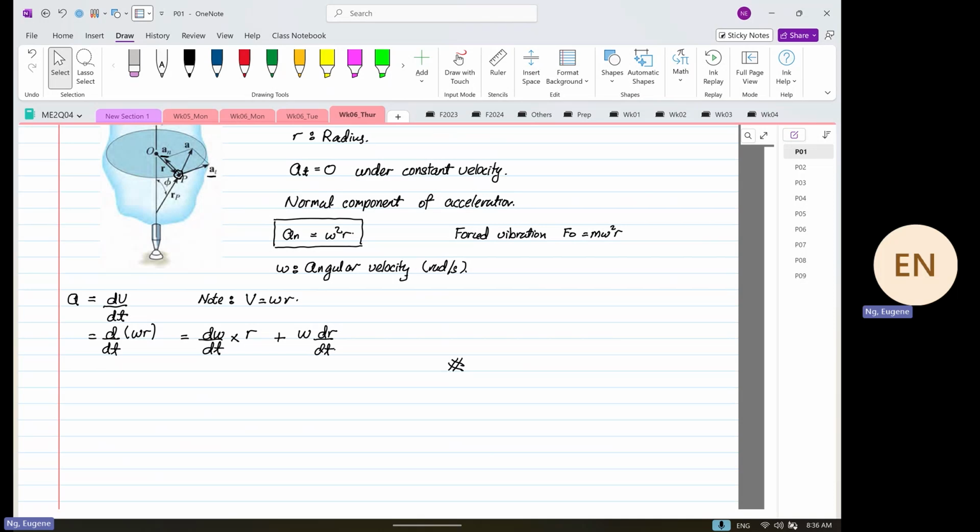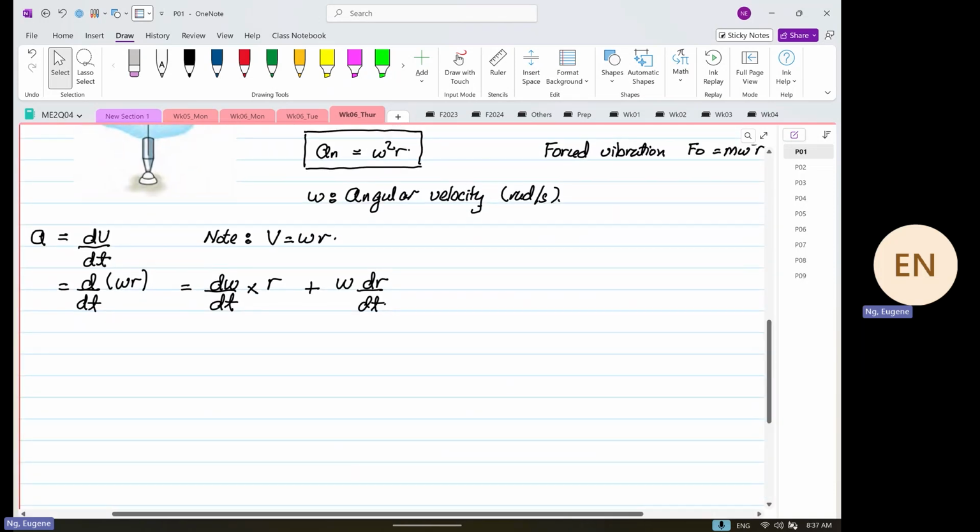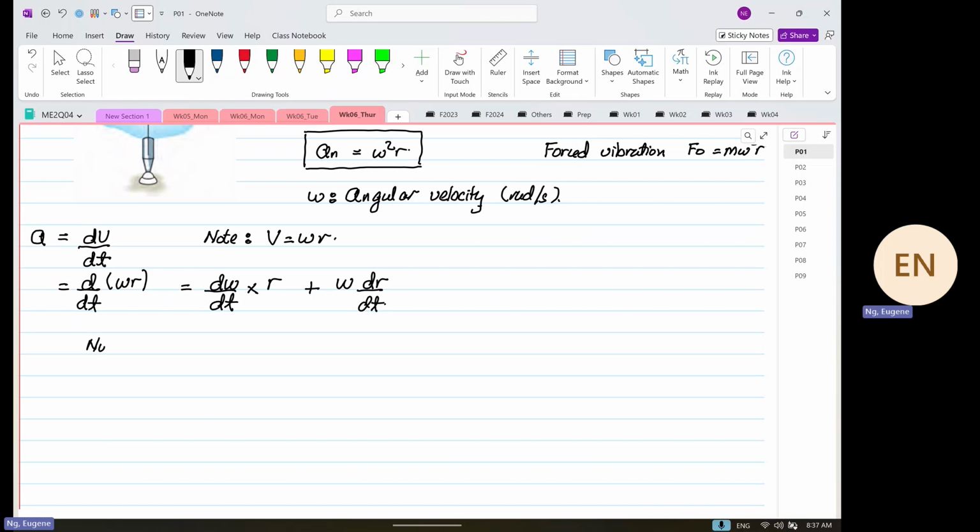So we know that d omega over dt cross r, plus omega cross dr by dt. So this is where we finished off on Tuesday.